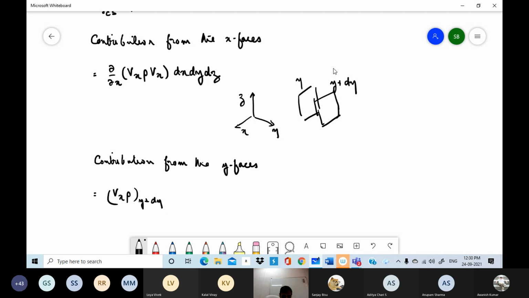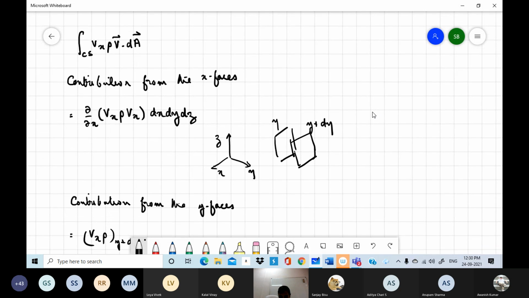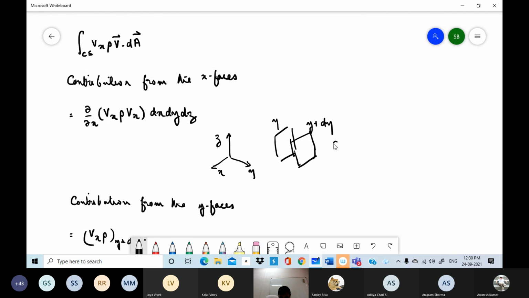And then comes the v dot dA. So the dA is dz into dx ey into that dotted with v. So for this the dA is equal to dz dx into unit vector in the y direction, which is j.